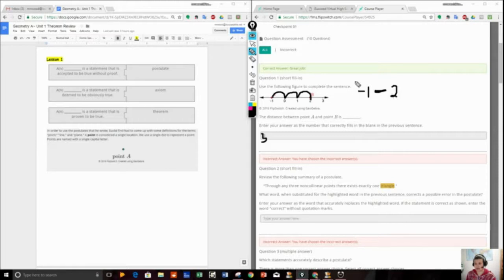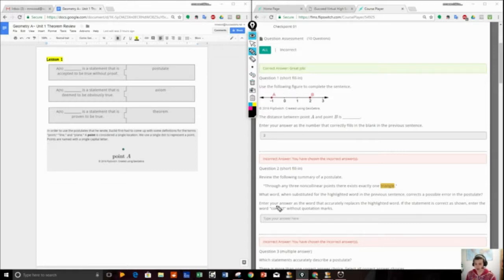And since distance is a measurement, it has to be positive, so we take the absolute value. So we have the absolute value of -1 minus 2. Well, -1 minus 2 is -3, and the absolute value of -3 is 3. So there's two different ways you could approach that question.